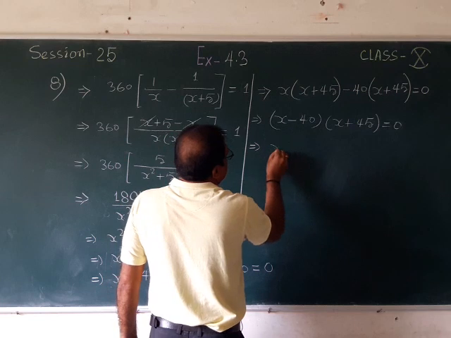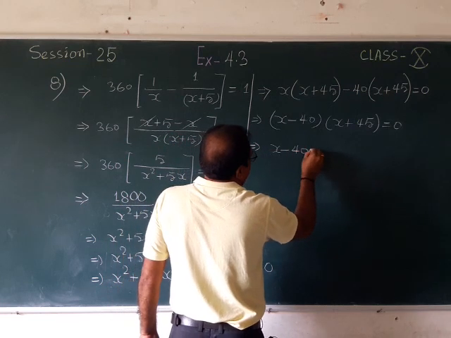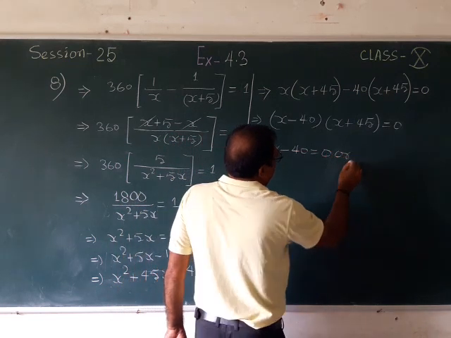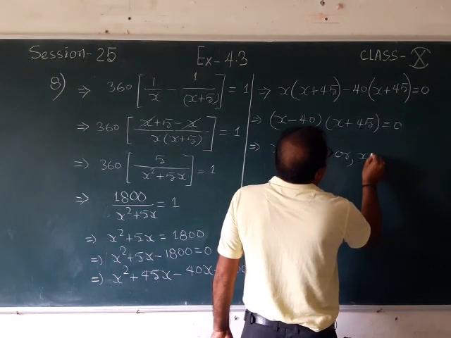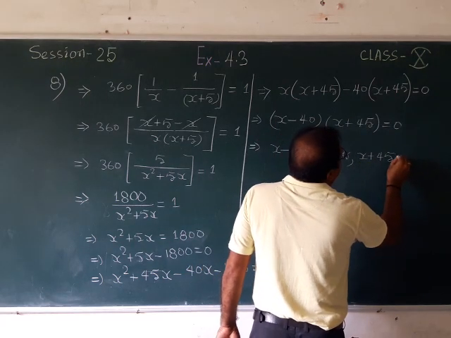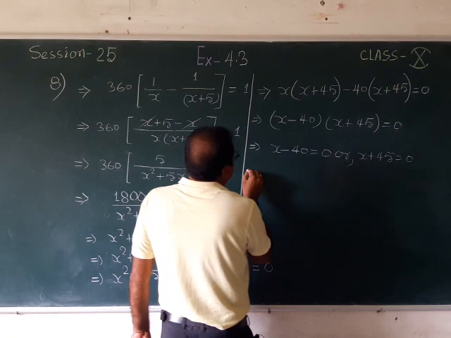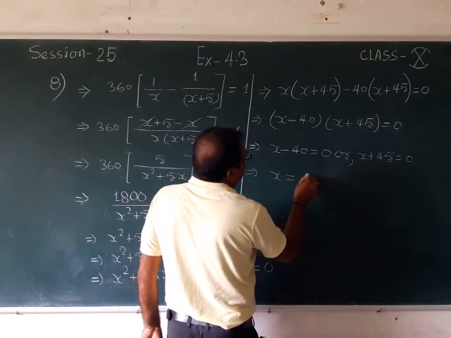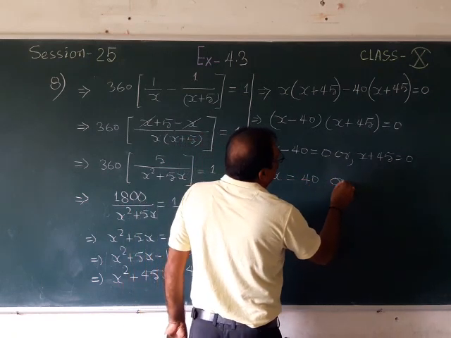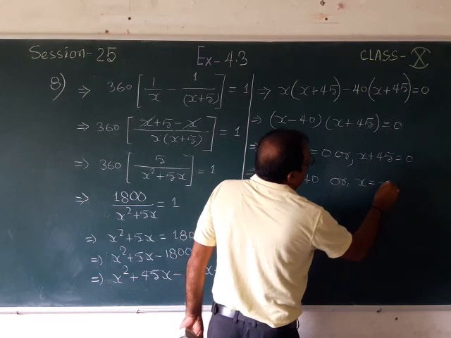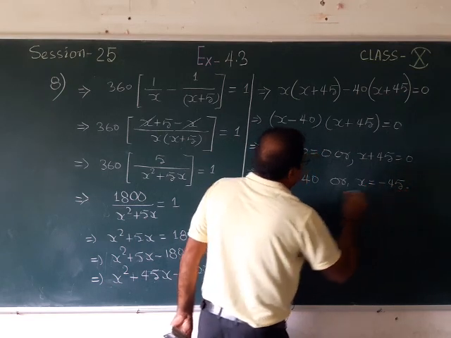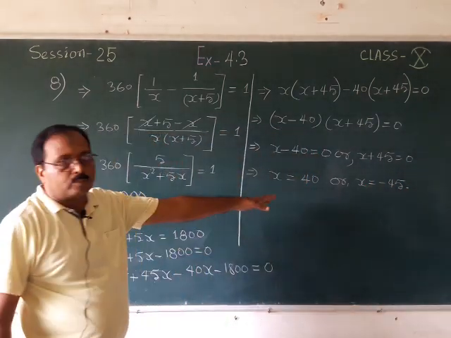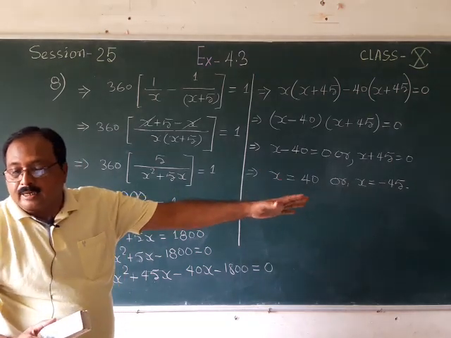Further it can be written as x minus 40 equal to 0 or x plus 45 equal to 0. Then here x will be 40 or x will be minus 45. Here you can see the value of x, one value is positive and another value is negative.